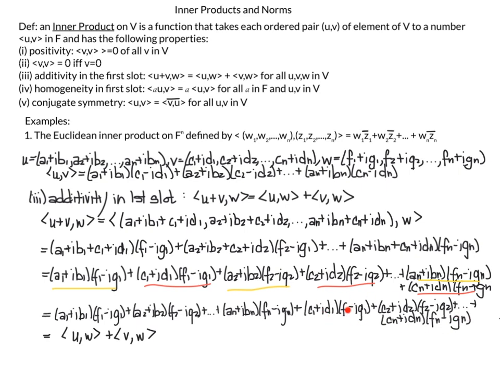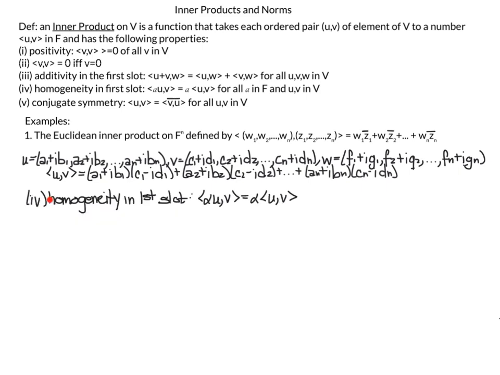And those are these terms here. So eventually what I get is this set of terms is equal to the inner product of u with w, and this set of terms over here is equal to the inner product of v with w. And therefore, I have shown that the inner product of u plus v with w is equal to the inner product of u with w plus the inner product of v with w.